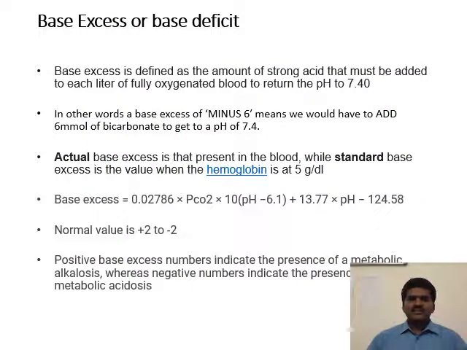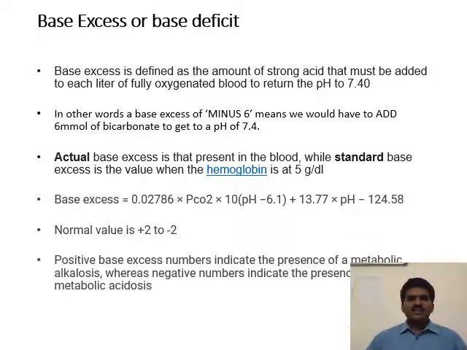The next concept is the base excess, also called base deficit. Base excess is defined as the amount of strong acid that must be added to each liter of fully oxygenated blood to return the pH to 7.4. In other words, a base excess of -6 means we will have to add 6 millimoles of bicarbonate to get a pH of 7.4.